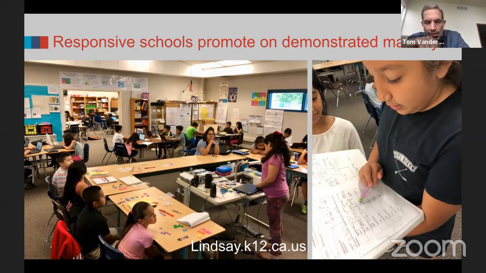You can see on the left, they've broken down some walls between classrooms to allow students to move easily during reading and math time into leveled groups. Kids in Lindsay do a great job of goal setting every day. You can stop every kid and ask them what they're learning today and what they want to learn tomorrow.